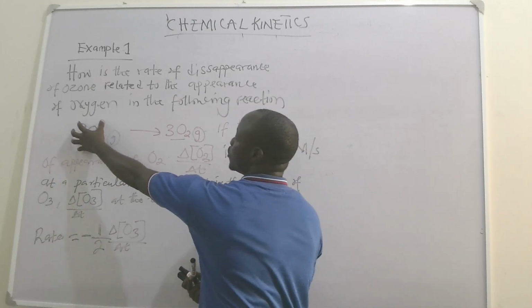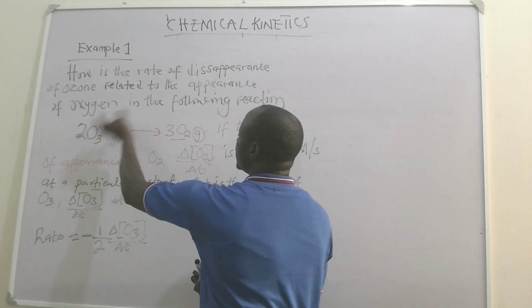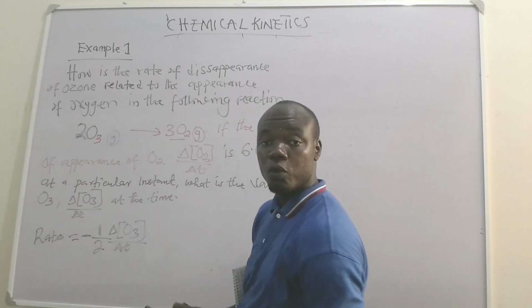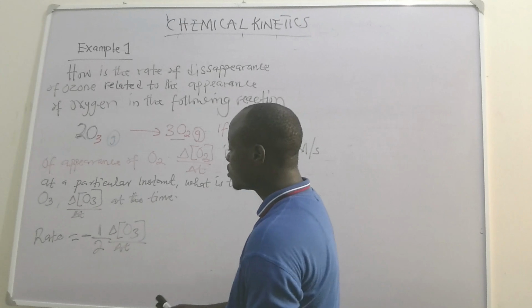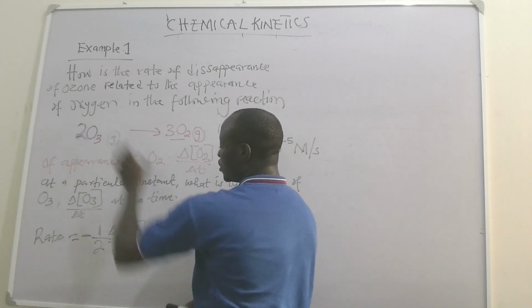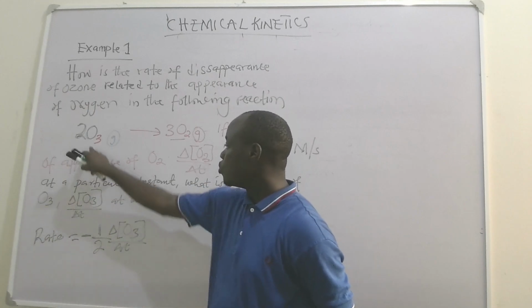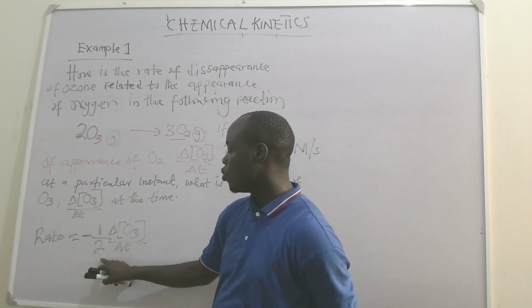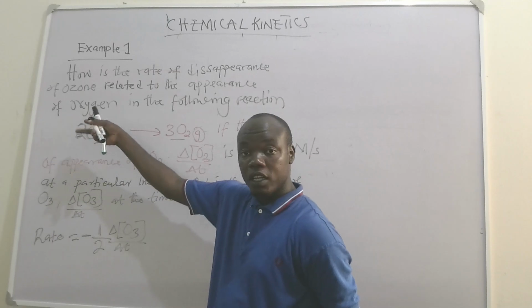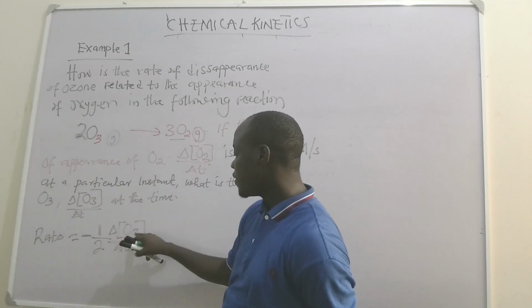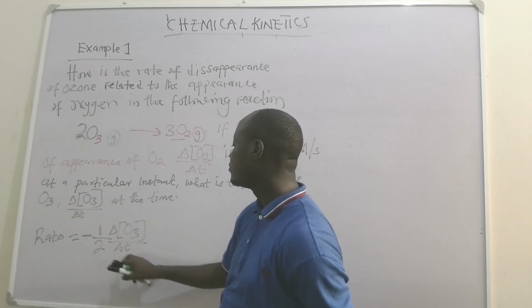Here we have ozone, and here we have oxygen. We measure the rate of the disappearance of ozone, and the number of molecules of ozone is 2, so we have minus 1 over 2 times the change in ozone concentration with time.